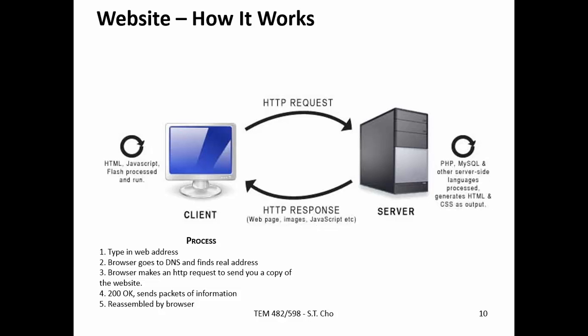So the process is you type in your web address, the browser goes to a DNS and finds the real address, meaning every website has that number, and you've probably seen it. And so you're actually putting in a request saying, hey, can you send me this information to the server? And then the server decides whether it wants to send it to you. What your browser does is take this information and reassembles it so you can look at it.